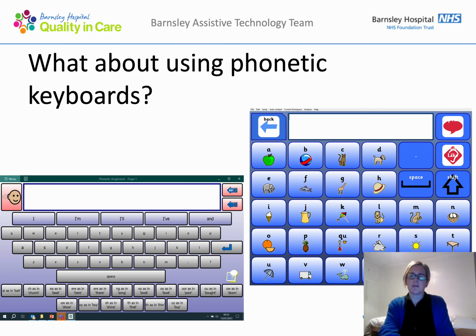So this is just a couple of examples of some of the phonetic keyboards. So you can see on this blue one that they've chosen to do the J as in J for giraffe for the letter J, but then also the letter J for jug is the same. So it gets very confusing when you start thinking about which phoneme grapheme match you are going to do for each letter.